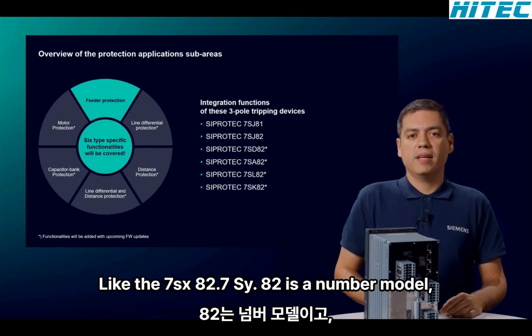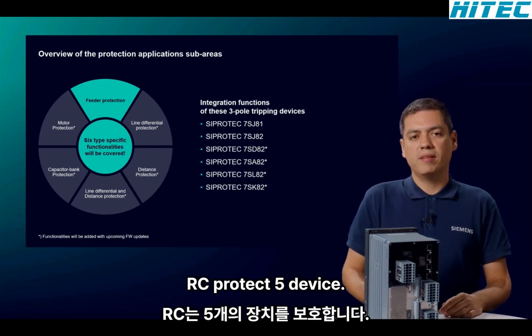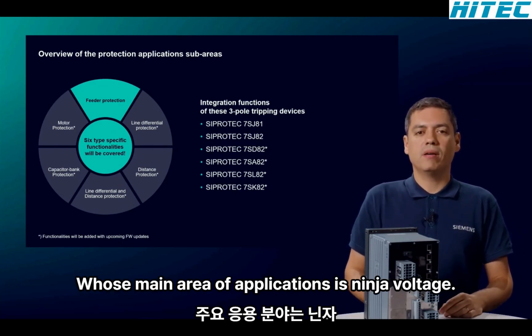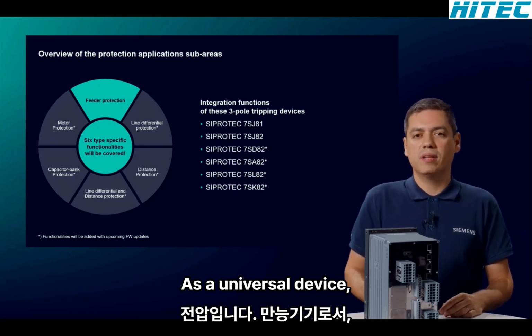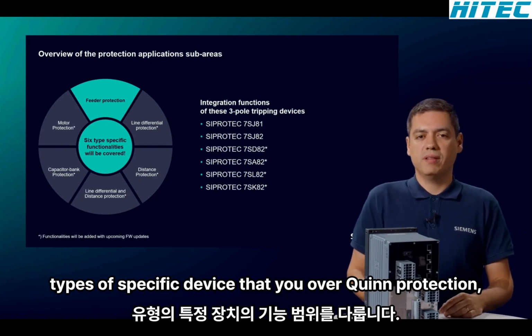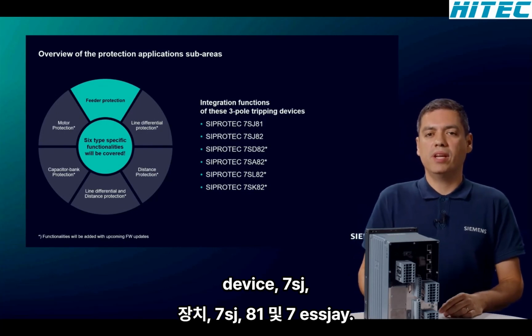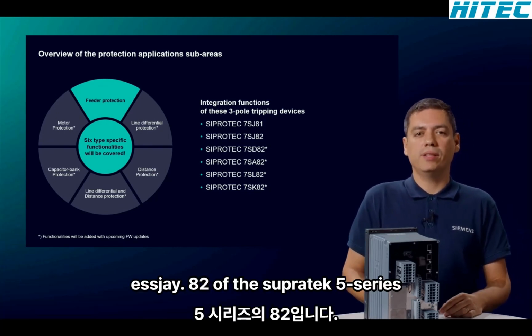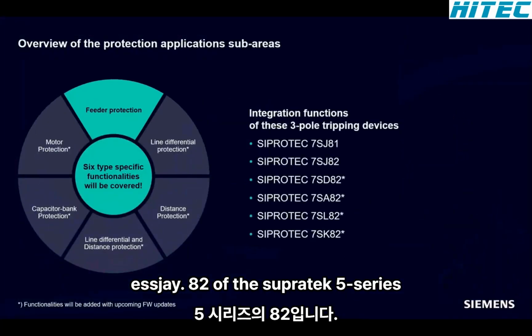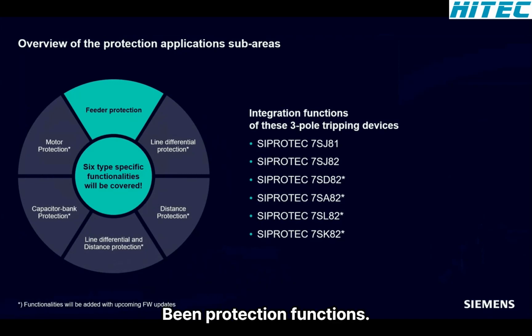Like the 7SX82, the 7SY82 is a non-modular SIPROTEC 5 device, whose main area of application is medium voltage. As a universal device, it covers the functional scope of the following type-specific devices. The 2 overcurrent protection devices, 7SJ81 and 7SJ82 of the SIPROTEC 5 series, which also contain capacitor bank protection functions.